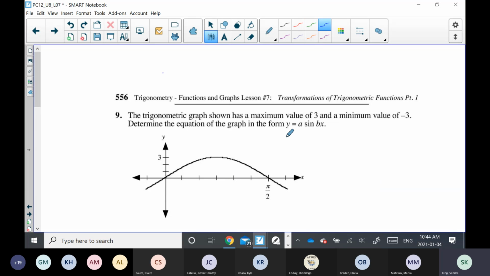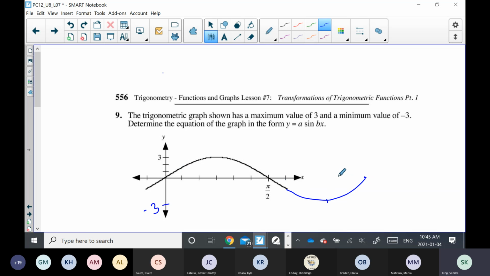The reason why I want to do this one is they didn't actually quite finish this, but if we were to finish this graph, it would look something like this. This minimum value would be -3. Okay. So one period would be like, that's when the shape would repeat itself.